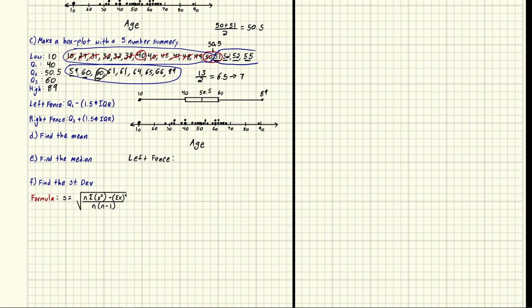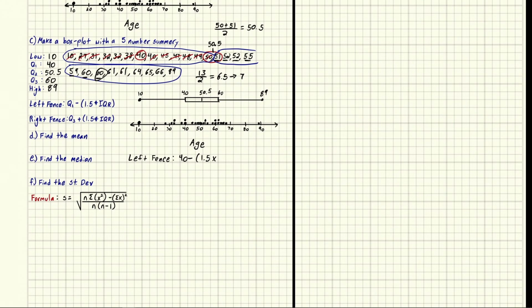And so we're going to say, okay, well, Q1, so that's 40, because we want to know if our value's too low. So we're going to take 40, then we're going to subtract off 1.5 times the IQR, which is the interquartile range. So if this is very narrow, the interquartile range will be very small. And if it's very wide, the interquartile range will be a lot more forgiving because our data is more spread out.